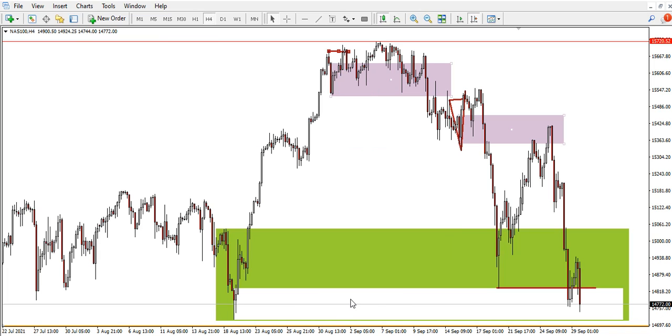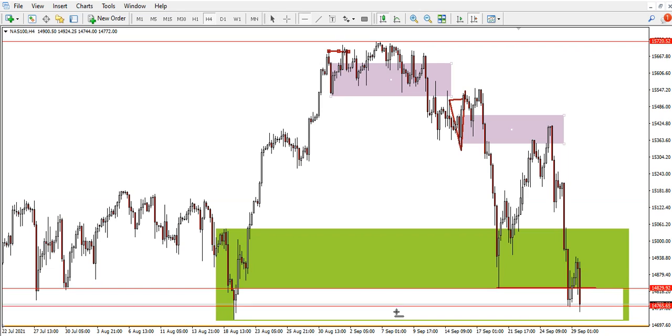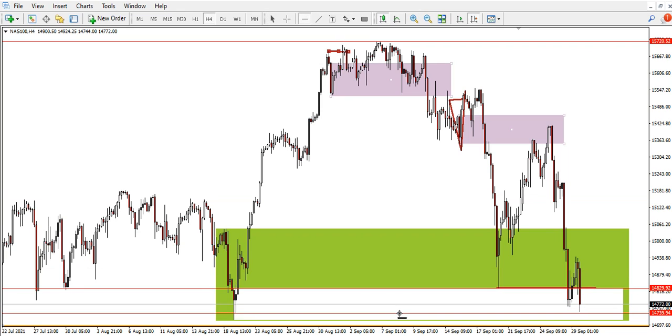Let's investigate what's happening here, and why do we have price rejecting here, while we have another price rejection here. So now we are going to investigate 14745.45, instead of 14829.92.